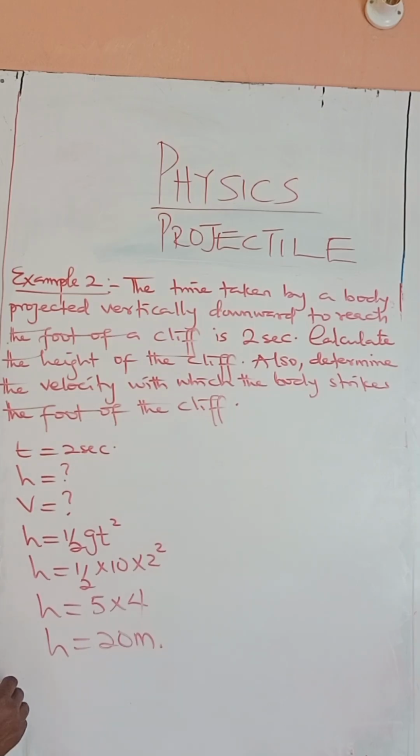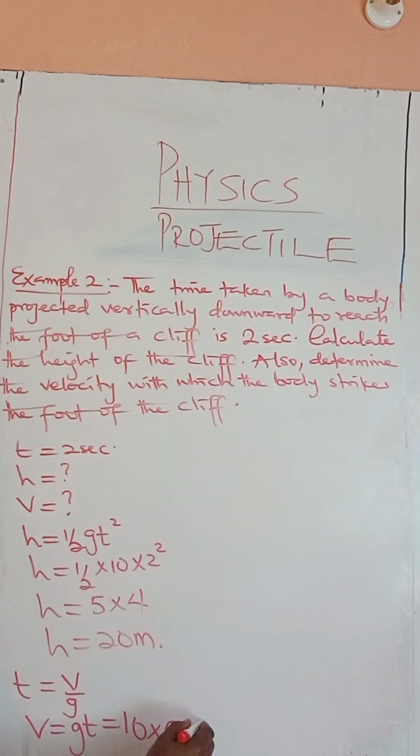For the velocity, we know also that t is equal to v over g. Clearly v is equal to g t. g taken to be 10, time is 2. So the answer is 20 meters per second.